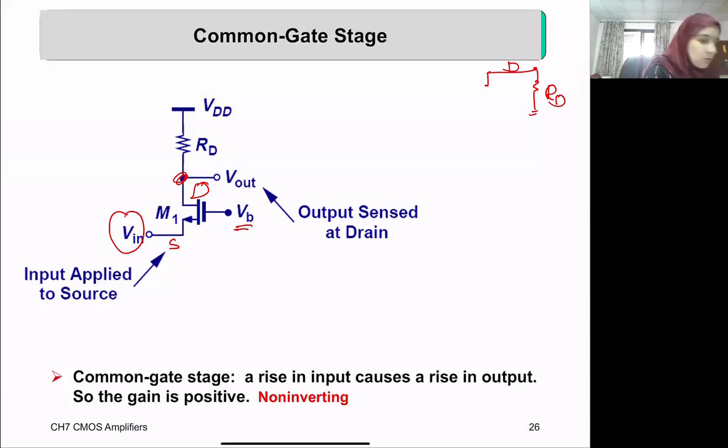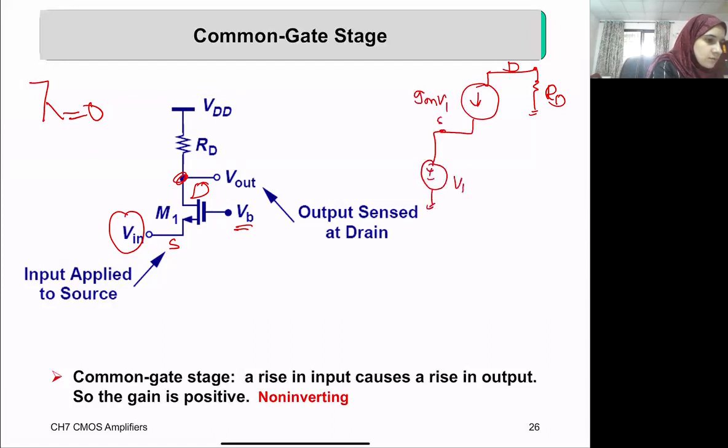Here we assume, for simplicity, lambda equals 0, so there is no R out. And here gm times V1. This is the source, and our input is coming here. The gate is grounded. Why? Because it's connected to a DC voltage, which is replaced in the small signal model with ground. And this is V1.